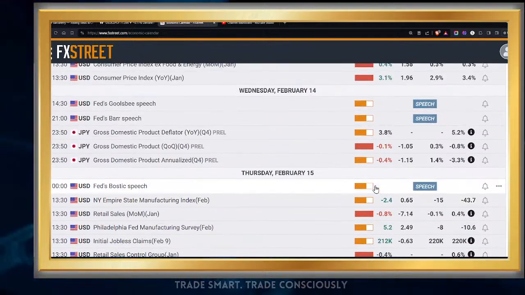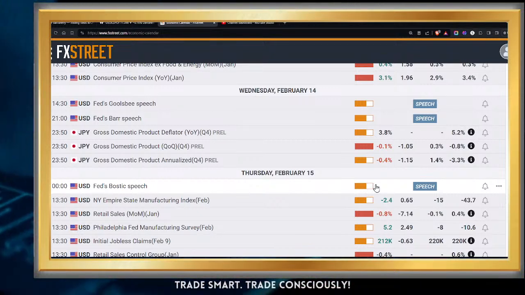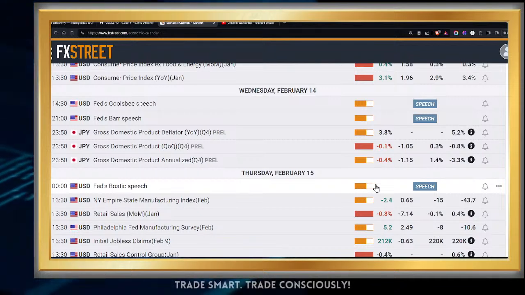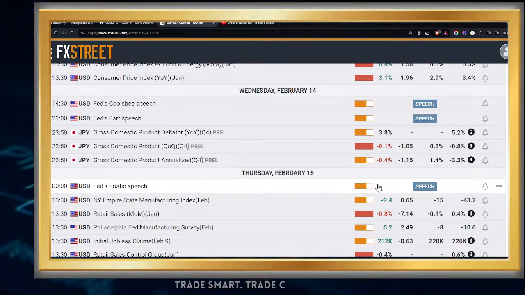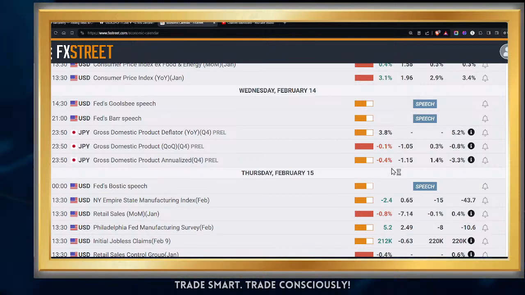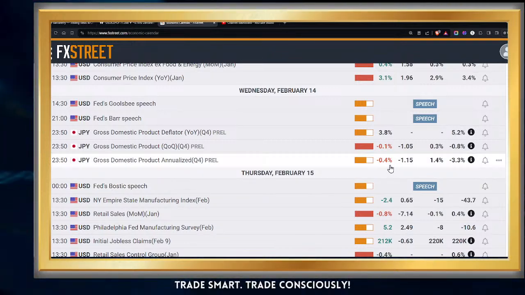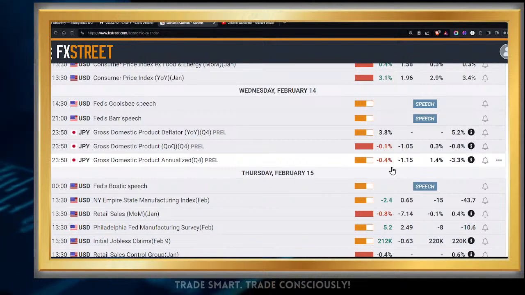Now, yesterday, due to the USDJPY assets on our watch list, we also witnessed the gross domestic product annualized for quarter 4 for the Japanese economic docket, which wasn't impressive at all, as the figure came in below expectations at a contraction of 0.4%, which technically is inciting the idea of a recession in the Japanese economy.